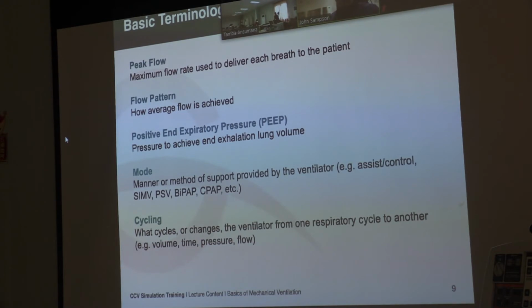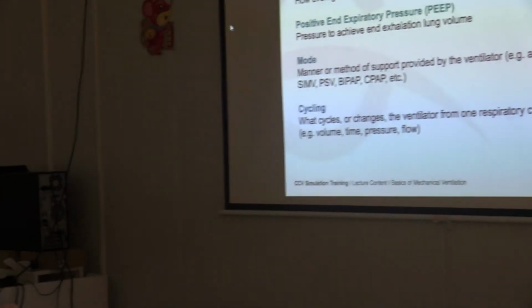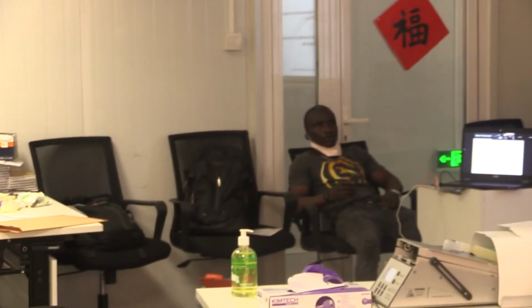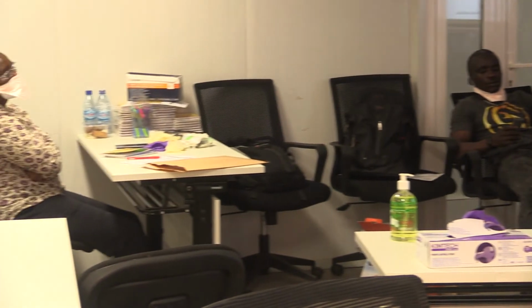It can deliver a breath where the ventilator is trying to achieve a maximum pressure, and the tidal volume is a product of that, but you're setting the pressure. Or you're focusing on delivering a specific volume, and the pressure is the side effect of that. So those are the two ways of cycling the vent.